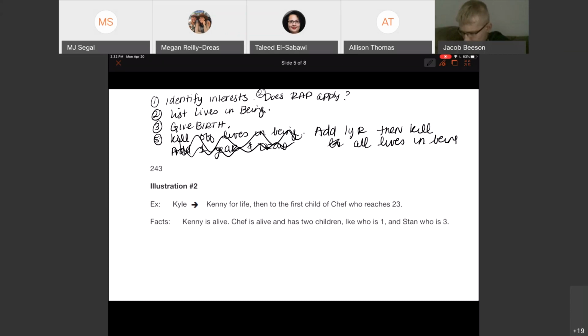Be more precise. So we identified the interests. We decided, does RAP apply? We said yes. We listed the lives in being. Then we gave birth. Remember, these are afterborn children, so they're not lives in being. The lives in being are the ones that were alive during the creation.